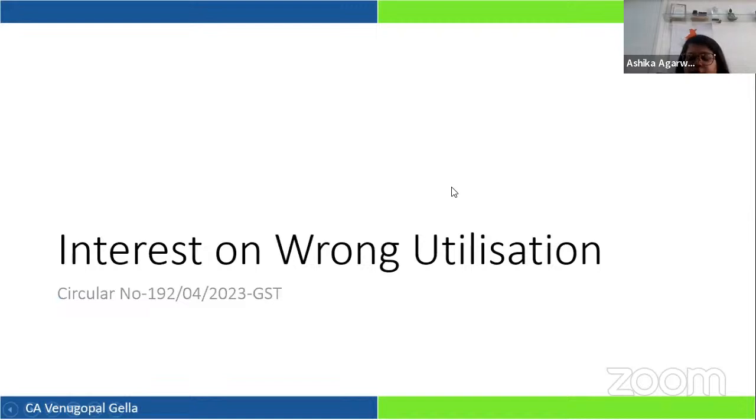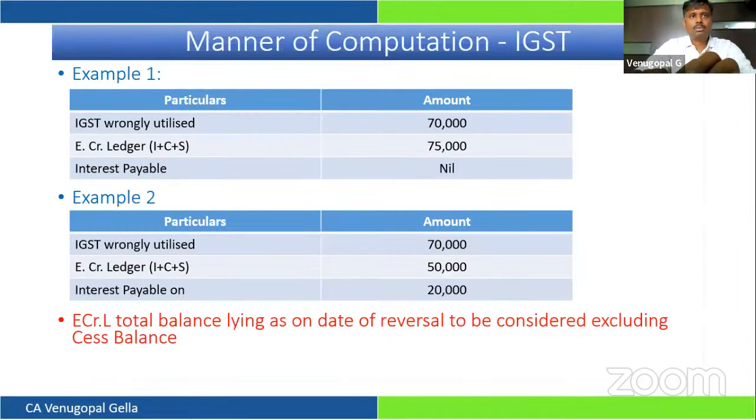Another important circular which is relevant for the purpose of the topic is on GSTR 3B, interest on wrong utilization. For input tax credit which is wrongly utilized, we know that interest is liable to be paid.